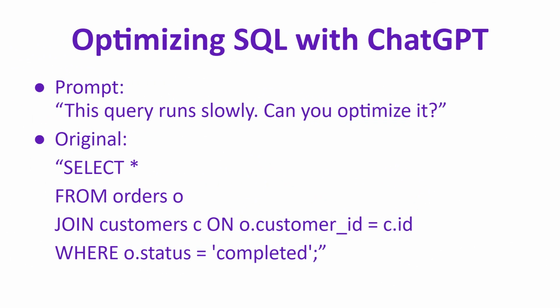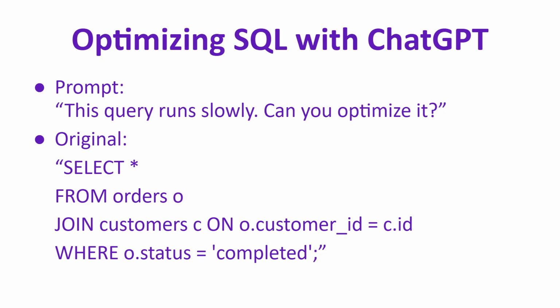We can optimize SQL queries with ChatGPT. Instead of selecting all columns, ChatGPT narrows the fields, which improves performance and readability. It can also suggest indexing or better joins. So we are providing a query which runs very slowly.